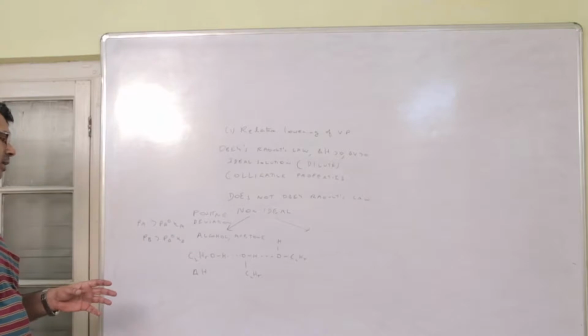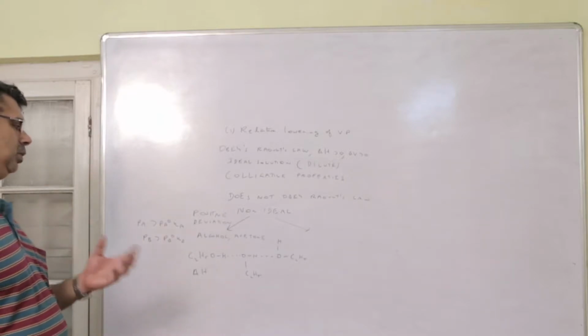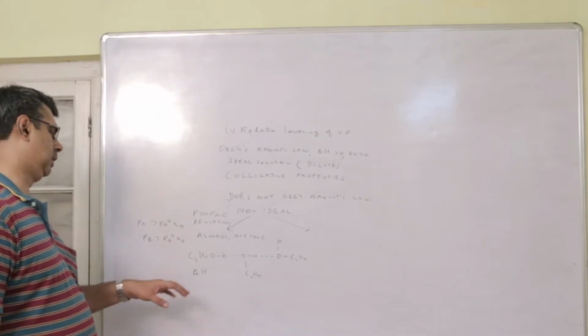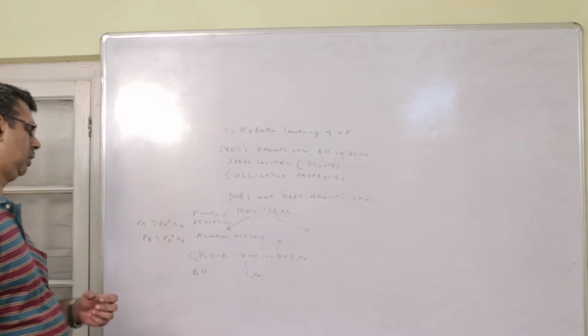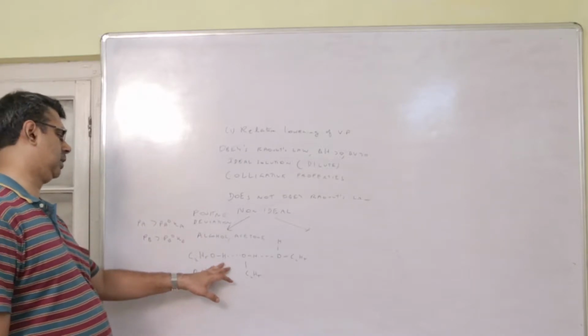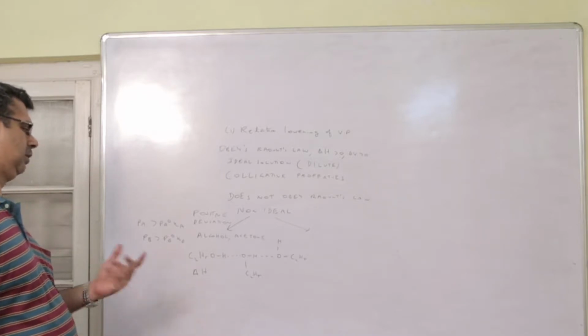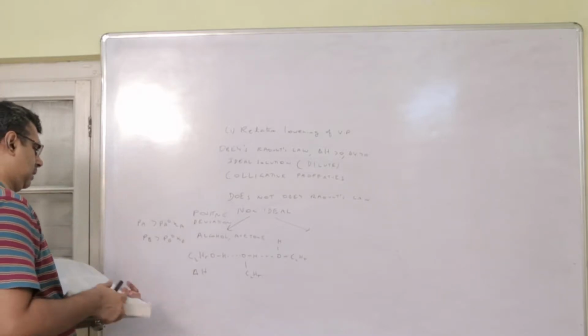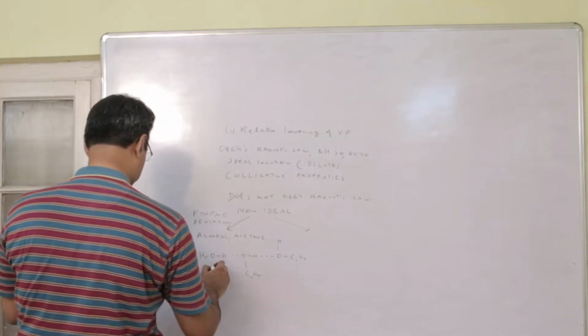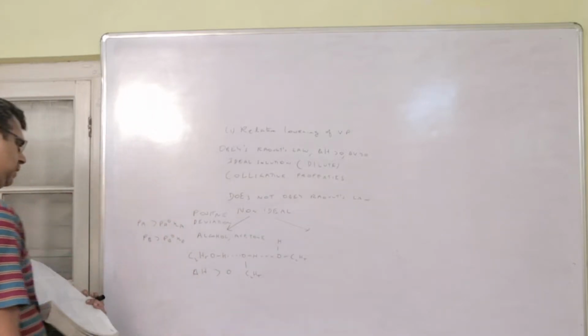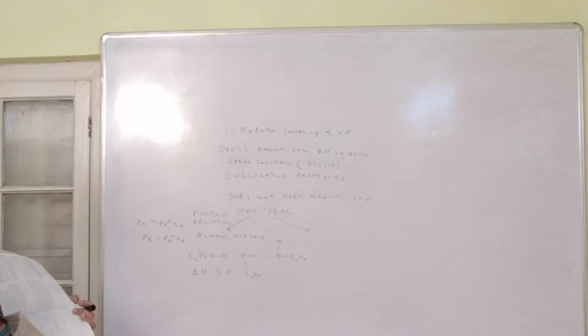But I told you that the new bonds are poor compared to the old bonds. So the energy absorbed while breaking the old hydrogen bonds is more than the energy released while formation of new bonds. That means in the overall context, there is a positive enthalpy change. So delta H is greater than 0.